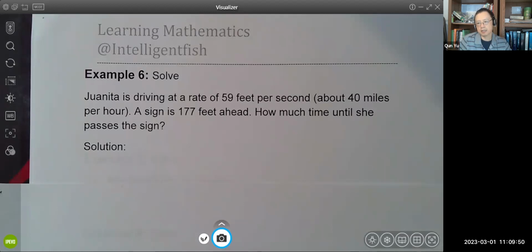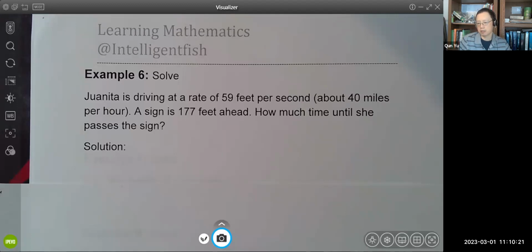How much time until she passes the sign? So it's a very simple scenario. She is 177 feet away from the sign. Her speed is 59 feet per second. They ask us how long it will take her to reach the sign. In other words, how long it will take her to drive this 177 feet of distance.